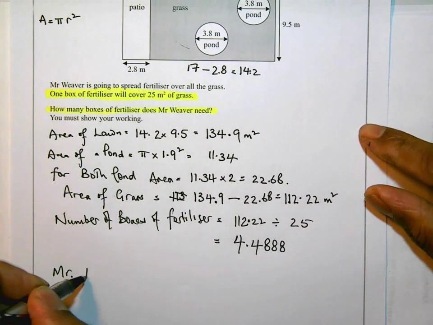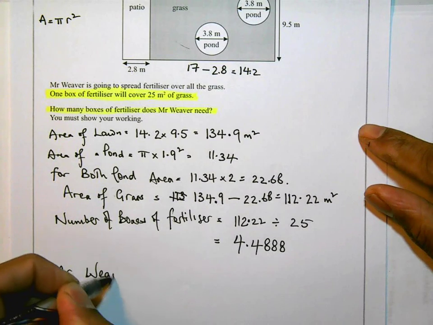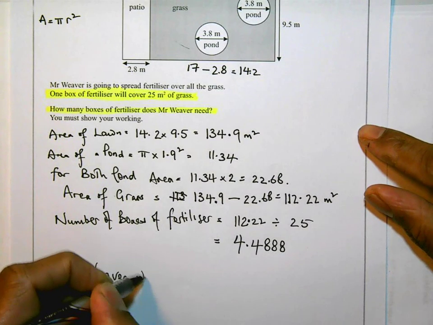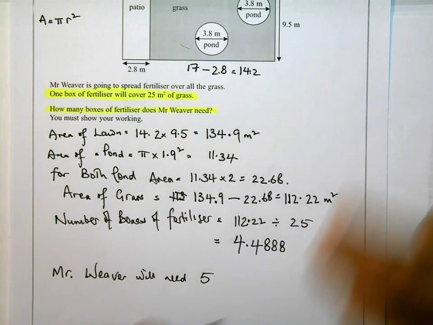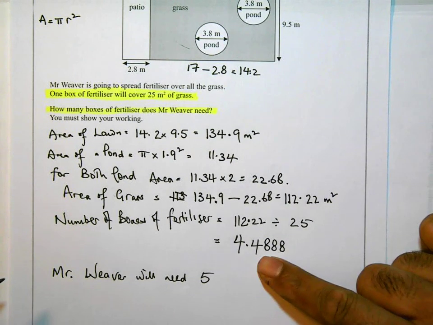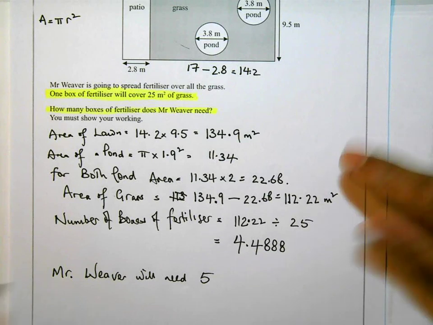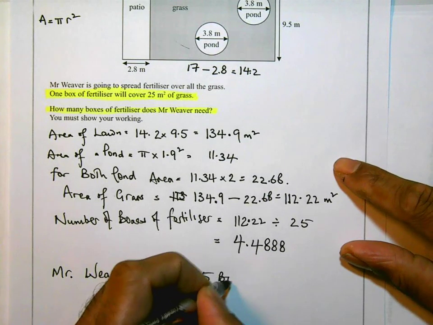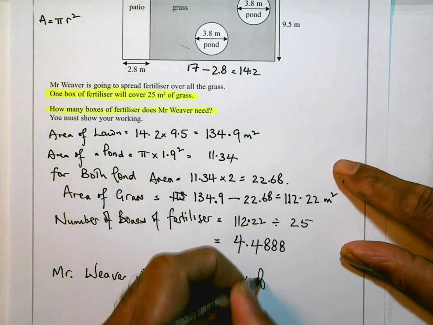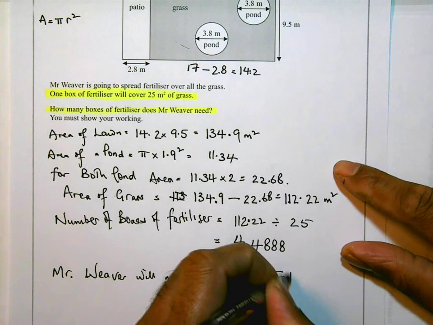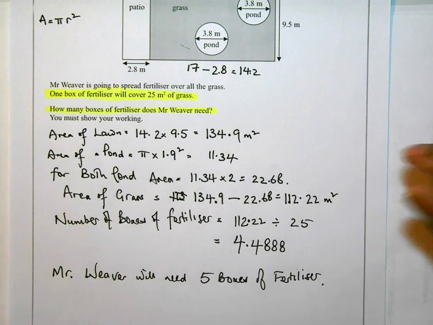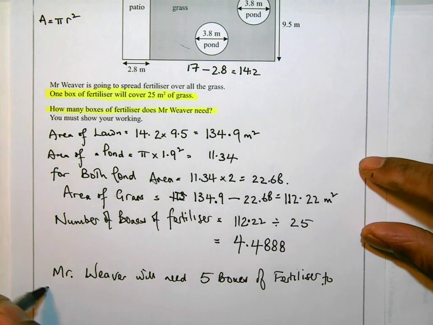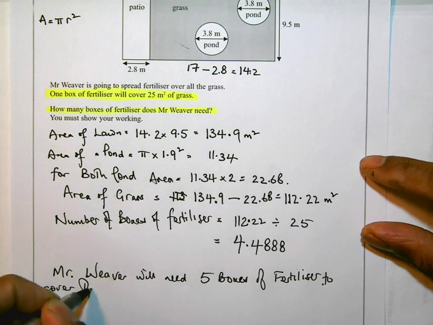Mr. Weaver will need 5, because you can't go to the shop and buy 4.4 boxes. He will need 5 boxes of fertilizer to cover the grass.